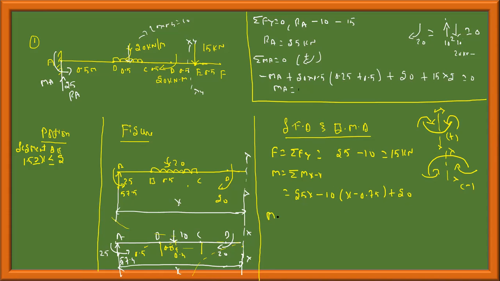M at x equal to 1.5 is 25 into 1.5 minus 10 into 0.75 plus 20. Tell me the value. Bending moment at x equal to 2 will be 50 minus 10 into 1.25 plus 20.